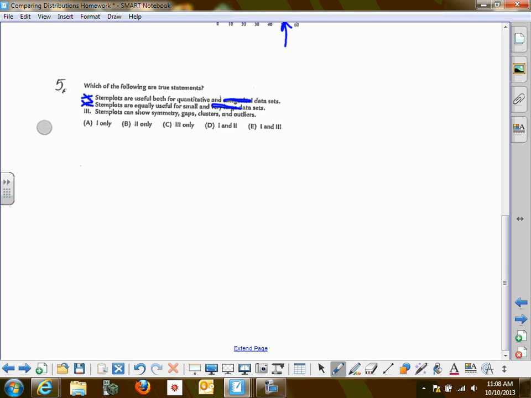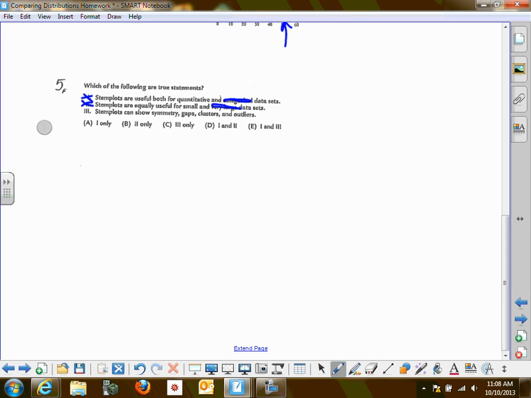Number 3. Can a stem plot show symmetry, gaps, clusters, and outliers? It can. Do you have the ability to compute outliers with a stem plot? You do. Why are you able to do that? Good.